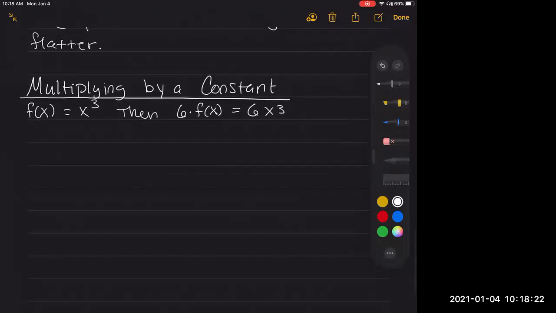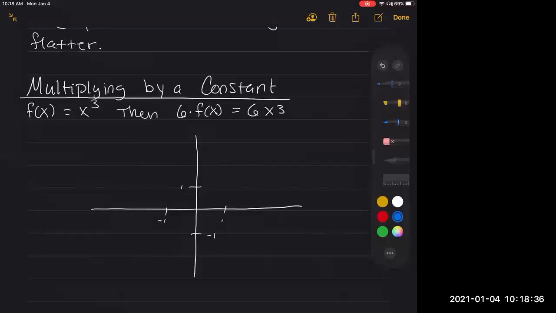If we draw the graph, this is 1, 1, negative 1, and negative 1. I like to draw the points I know it goes through first because I feel like it helps me draw the graph better. So here's the graph of x cubed.